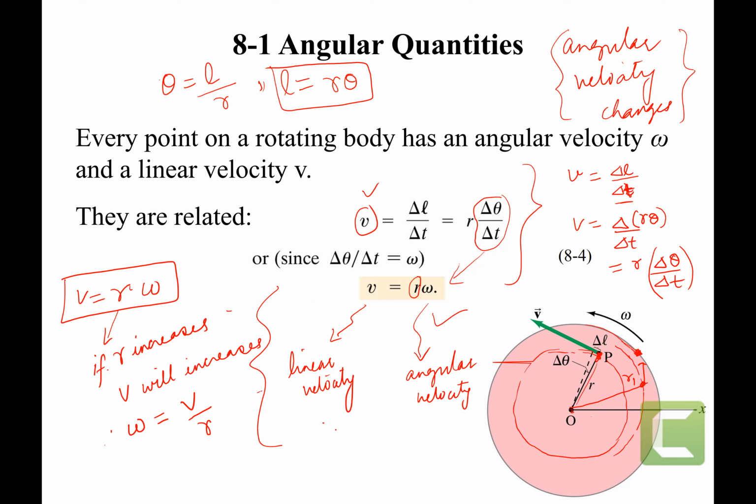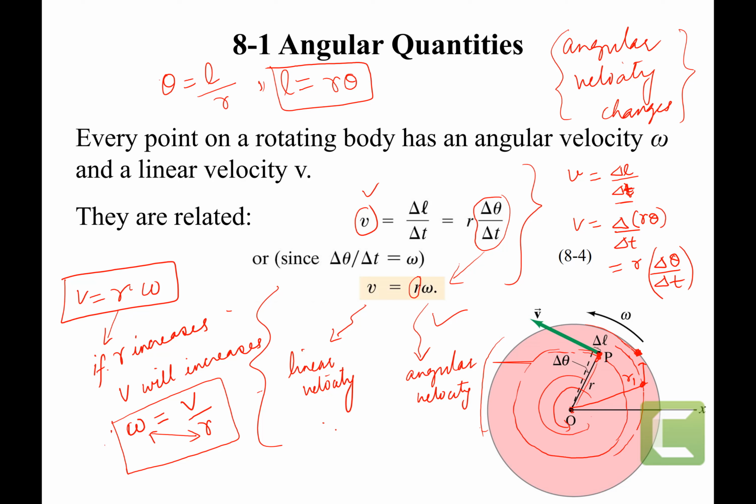The linear velocity increases as we go away from the center, but the angular velocity decreases as we go away from the center, because there is an inverse relationship. So if R increases, omega will decrease. That means the angular velocity is slowest at the rim and fastest at the center.